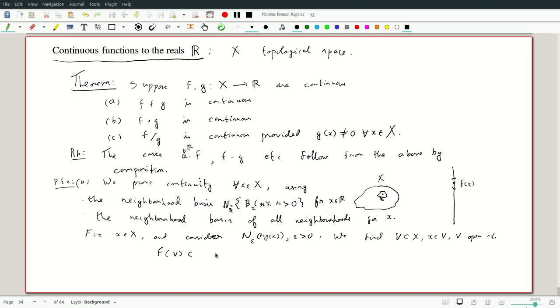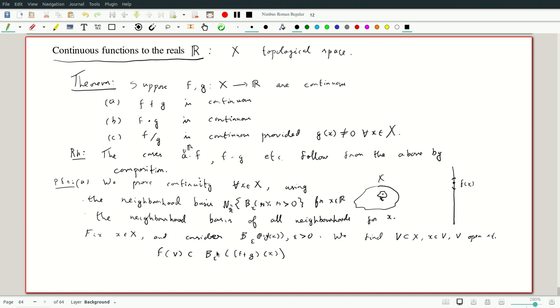Oh, I'm sorry, I wrote N epsilon, it's of course B epsilon. And to clarify, this is f plus g of x, that's f of x plus g of x, B epsilon contained in B epsilon of f plus g of x.